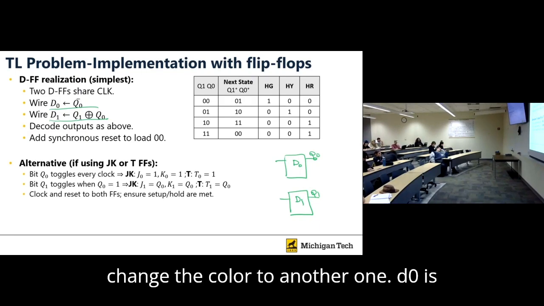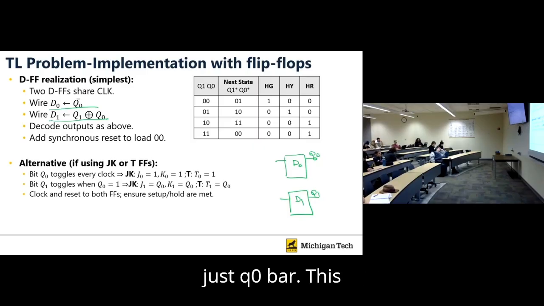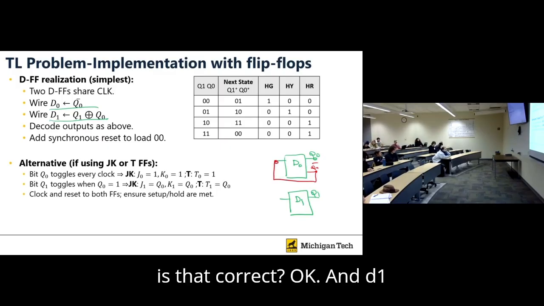So this is two functions, D0 and D1. D0, let's change the color to another one. D0 is just Q0 bar. This is Q0 bar, going to D0. Okay, and is that correct?